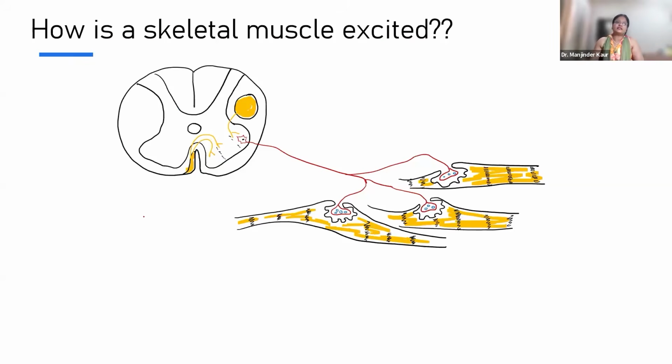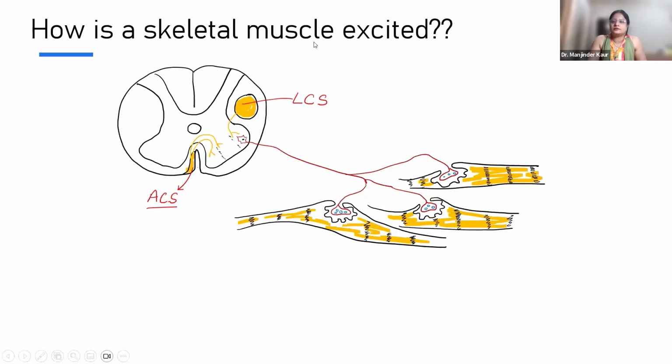The motor area in the cerebral cortex gives rise to the corticospinal tract, which descends down in the lateral white column as the lateral corticospinal tract. This is formed by the fibers which cross at the level of the medulla oblongata. The uncrossed fibers form the anterior corticospinal tract.